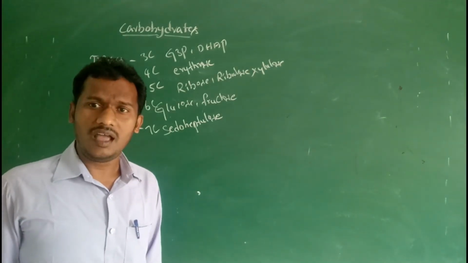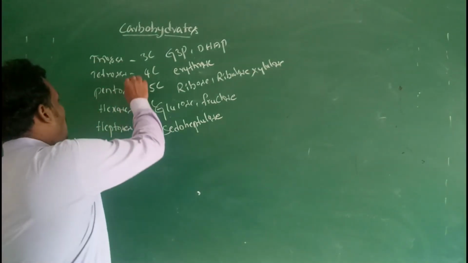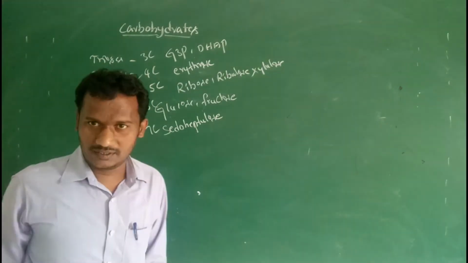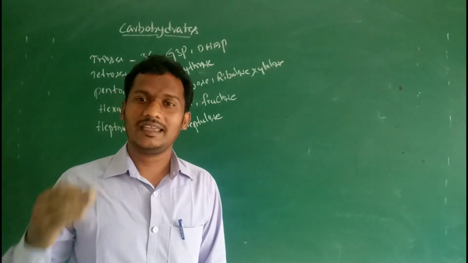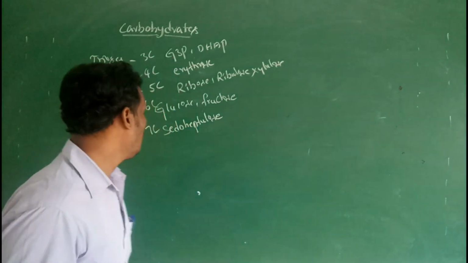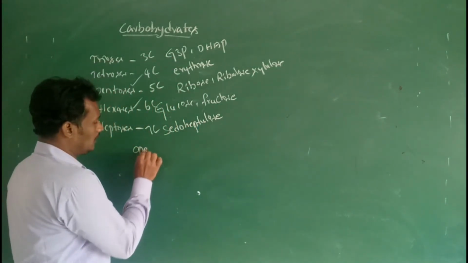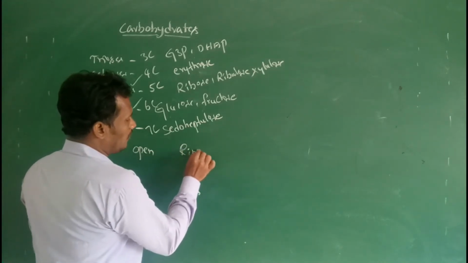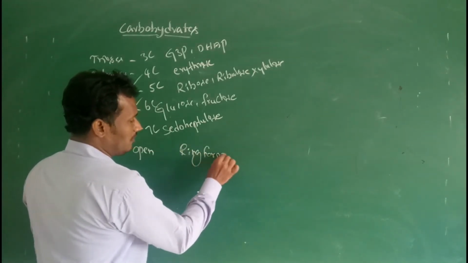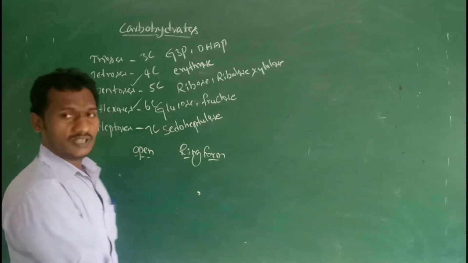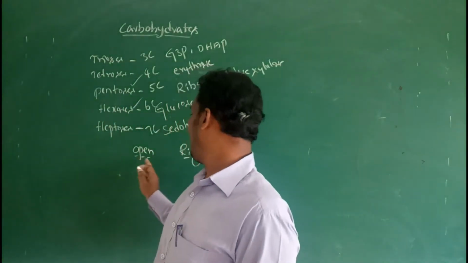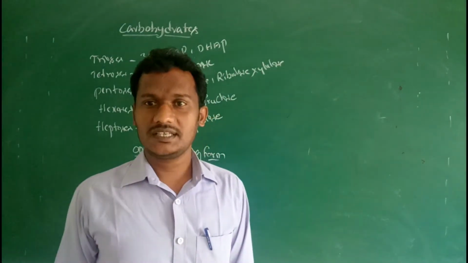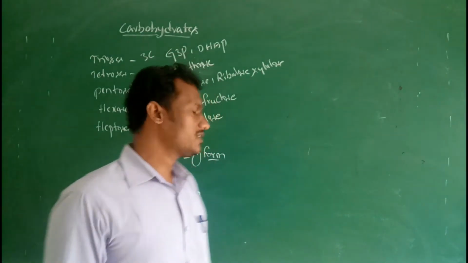Then pentoses and hexoses can have an open form of the structure and a ring form of the structure.